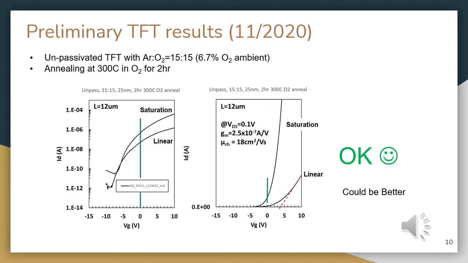We used an unpassivated 15-15 argon to oxygen ratio, which is a 6.7% oxygen ambient, with a 2-hour anneal at 300 degrees C. This was our best TFT that we had at the time, and from here we wanted to make this a repeatable process. Something to note is that this is encouraging, and we want to be able to repeat this now, and we want to see if we can make it better.